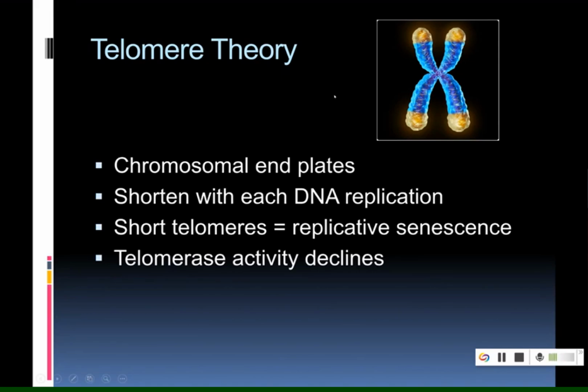Now, it turns out that certain conditions, disease, can impact telomere length. So, for example, HIV-infected individuals tend to have shortened telomeres compared to age-matched controls. People who are sedentary or obese have shorter telomeres than those who are active.